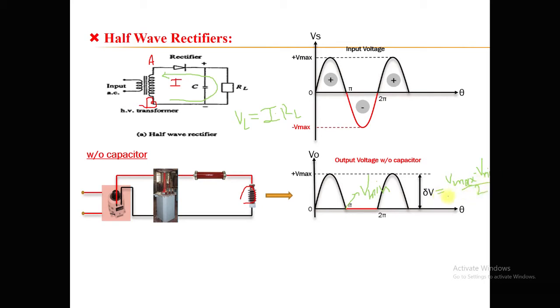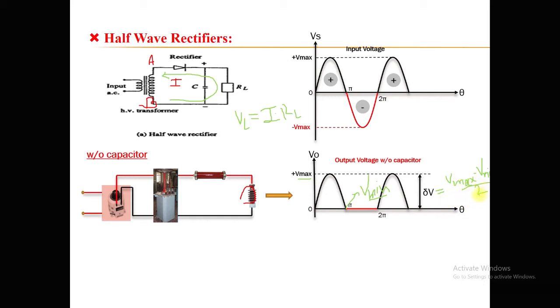Delta V is half of the difference between the maximum voltage and the minimum voltage. So the ripple voltage magnitude when the capacitor is not connected is Vmax minus 0 upon 2, which is equal to Vmax by 2.